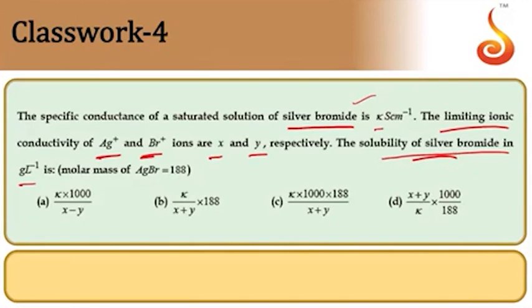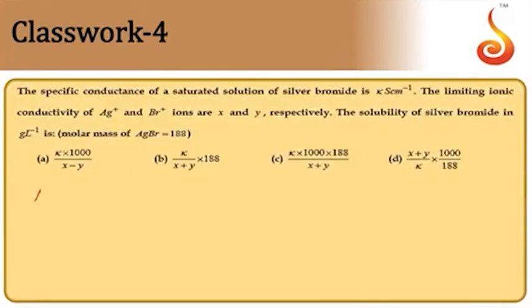They gave us the specific conductance of AgBr. Applying Kohlrausch law, we can say that the total conductance will be equal to the sum of the conductances of individual ions. That is, lambda naught molar of AgBr will be equal to lambda naught of Ag plus plus lambda naught of Br minus. And the values are given as X plus Y. So therefore, X plus Y, the summation of those two.